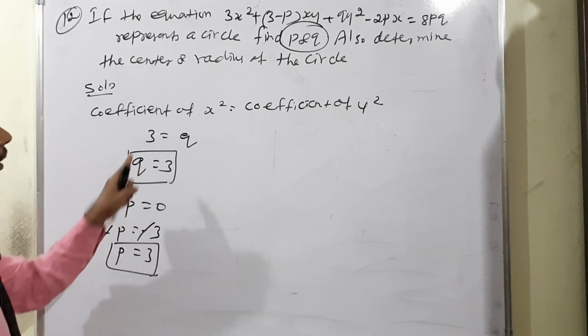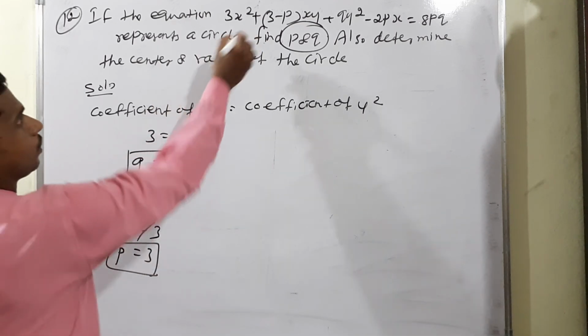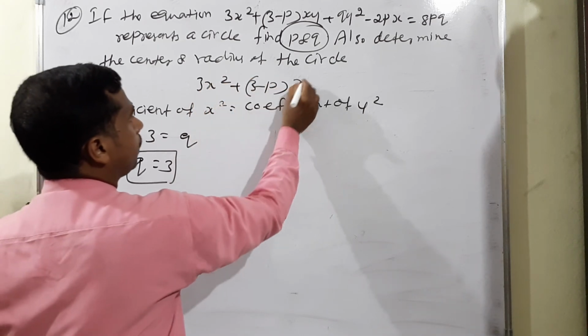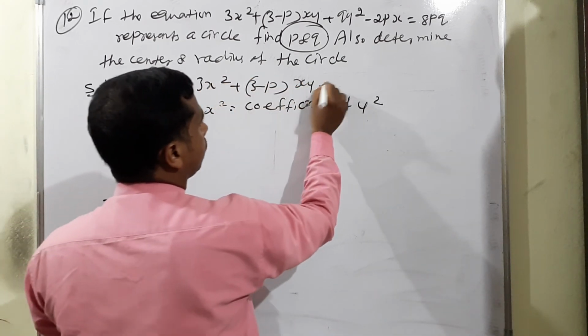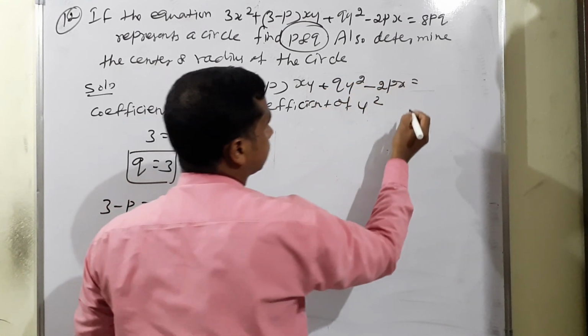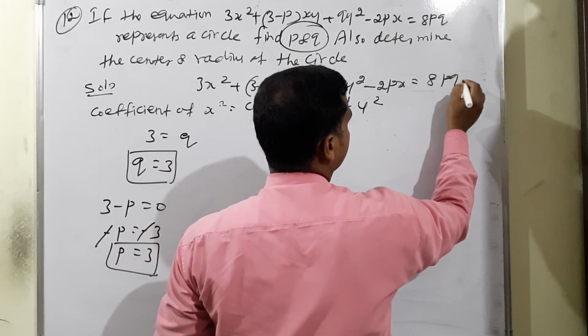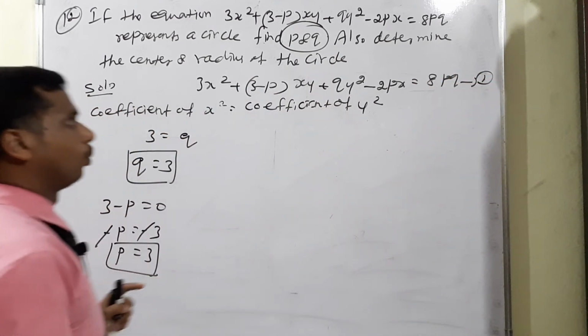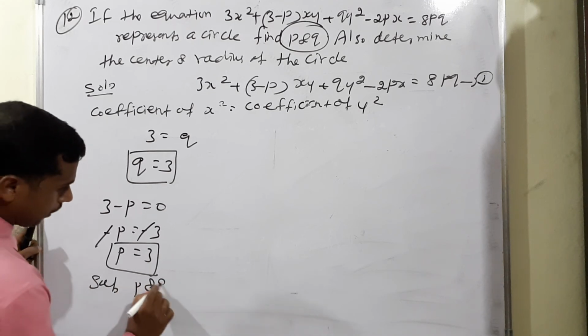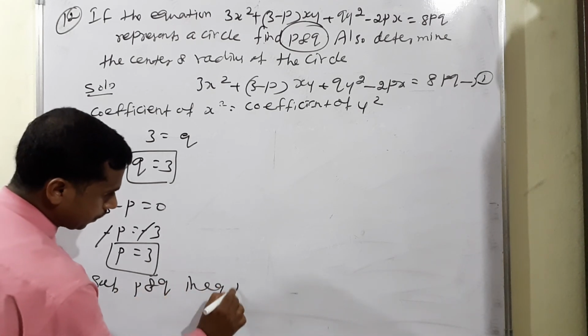After getting the p and q values, what is the main equation? 3x square plus (3 minus p) xy plus qy square minus 2px is equal to 8pq. This is considered equation number 1, so substitute p and q in equation number 1.